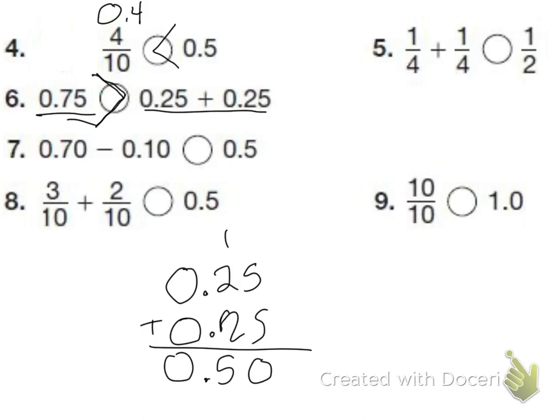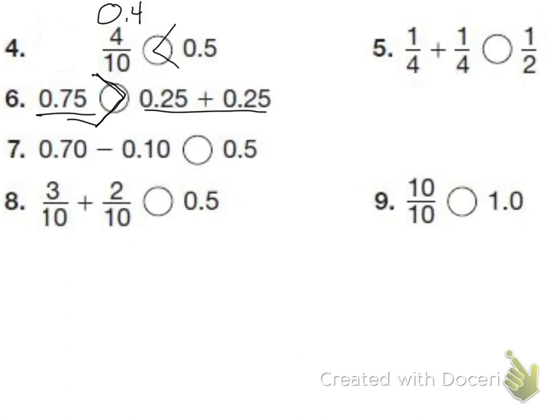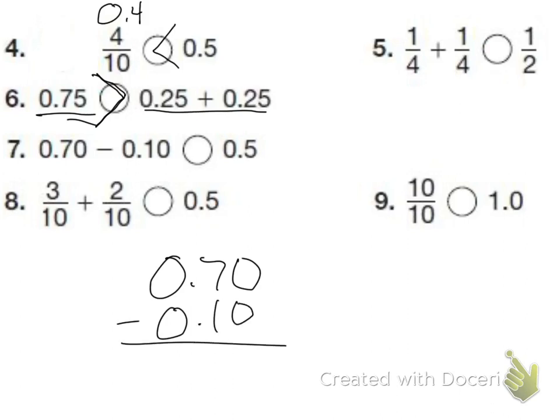For 7, we have 0.70 minus 0.10. So we'll go ahead and subtract that. We get 0.6.